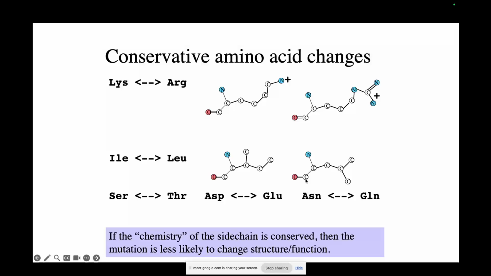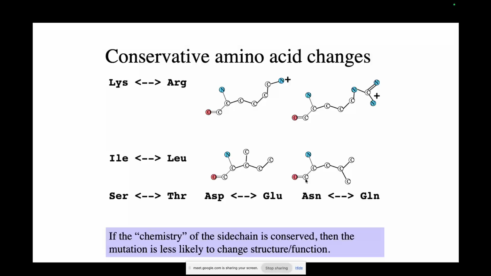So if by mutation a positively charged amino acid is replaced by another positively charged amino acid, the chance that it will change the structure or function of the protein is very low, but it's not completely zero. It is possible that similar amino acids are mutated, but the structure or function changes, specifically for very sensitive proteins like enzymes, where the active site is very sensitive to the amino acid residues present so that they can bind to the substrate.